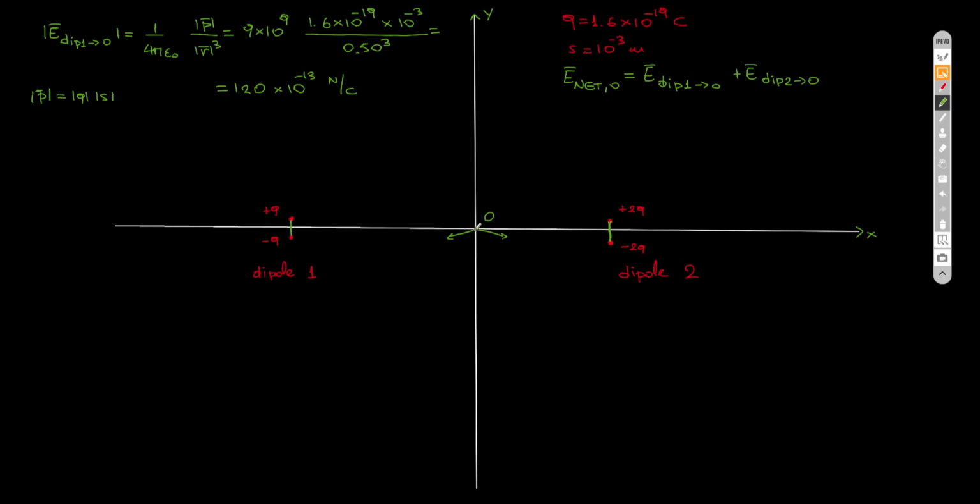If I add those two, I'll get something that points in that direction. So this will be E from dipole 1 to the observation location. Let's erase the rest.